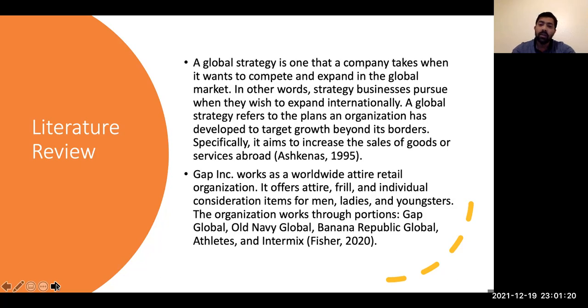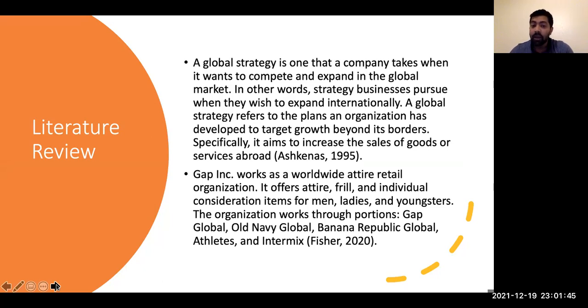A global strategy refers to the plan an organization has developed to target growth beyond its border. Especially, it aims to increase the sales for goods and services abroad. Because obviously, when you expand your business, you're catching a broader market, and that means broader customers, more sales, and more profit at the end of the day.